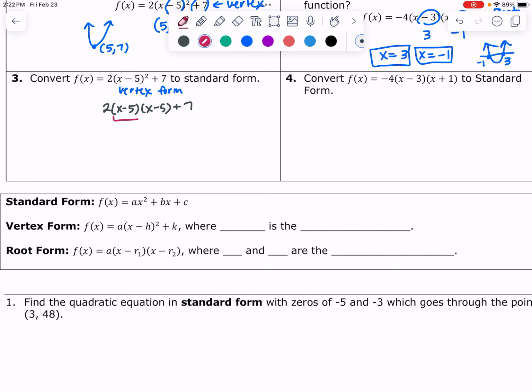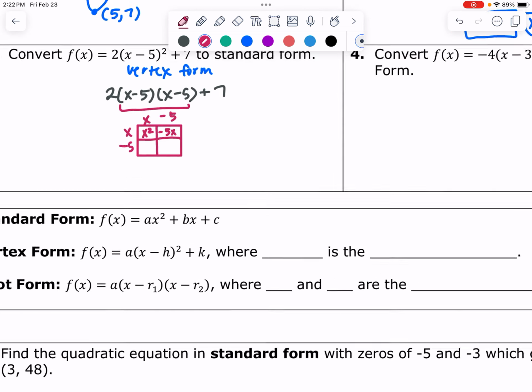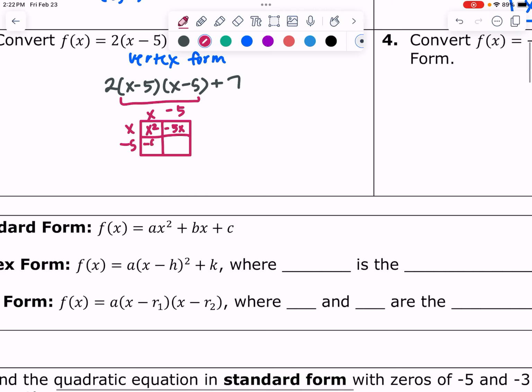And then we need to take care of that by making a box. Okay, so (x minus 5) times (x minus 5) is x squared minus 5x minus 5x positive 25.